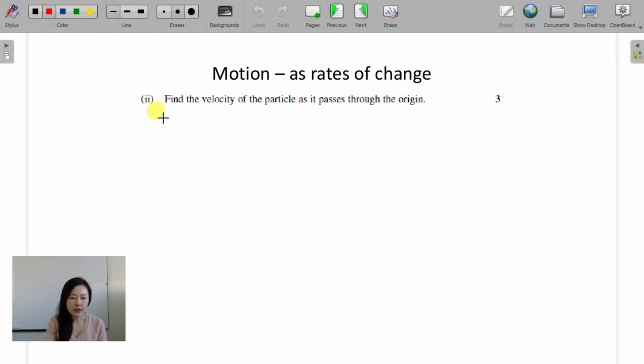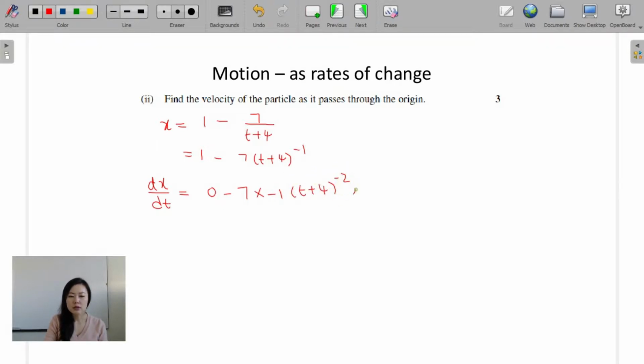Now find the velocity of the particle when it passes through the origin. First we're going to have to find the velocity function. Taking the displacement time function, remember velocity is the rate at which the displacement changes, so you need to differentiate that. Chain rule. That's pretty much it.